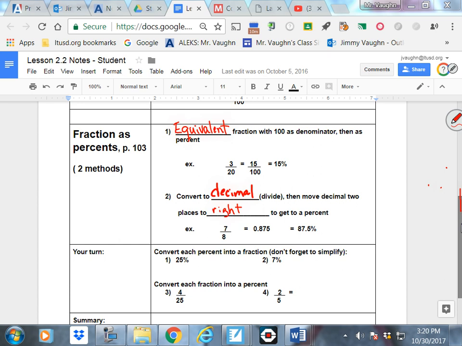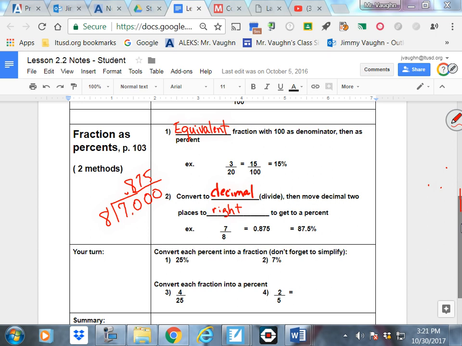So let's go through this example right here. We have 7/8. 8 is a fine number, but it doesn't get to 100 easily, right? So we'll divide it. I'll just show you what we're doing off to the side. 7 divided by 8, you'd add the decimal and the zeros, and if you divided that out, you would get 0.875, or 875 thousandths written the right way.